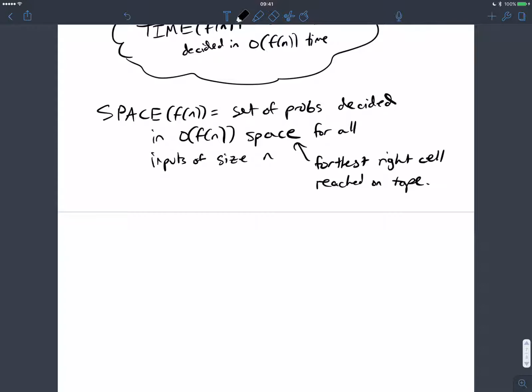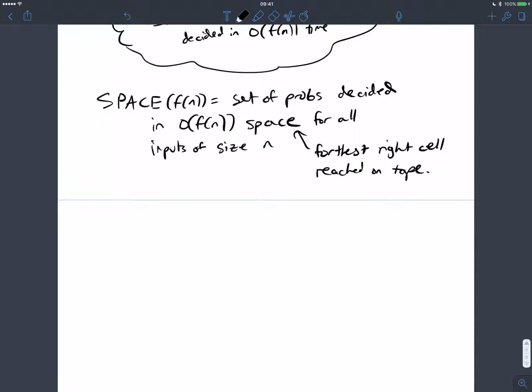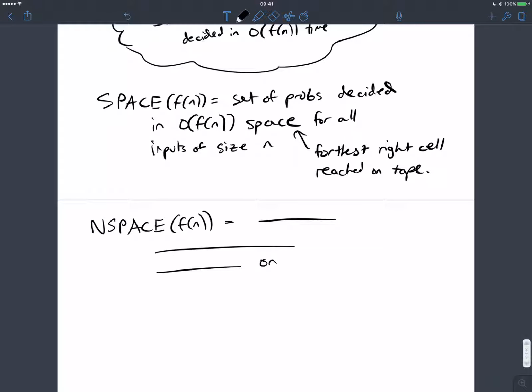But we can also talk about non-deterministic space, which will actually turn out to be really useful in this setting too. So we'll define NSPACE of f of n to be the same thing on a non-deterministic machine.